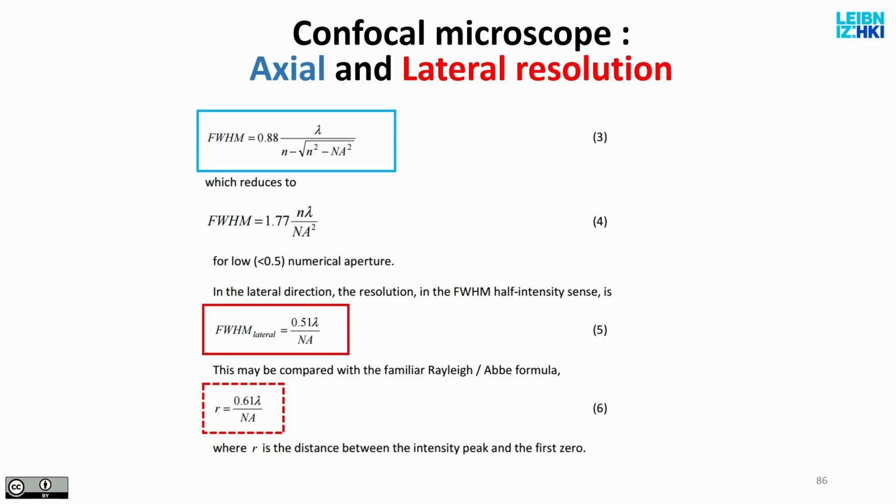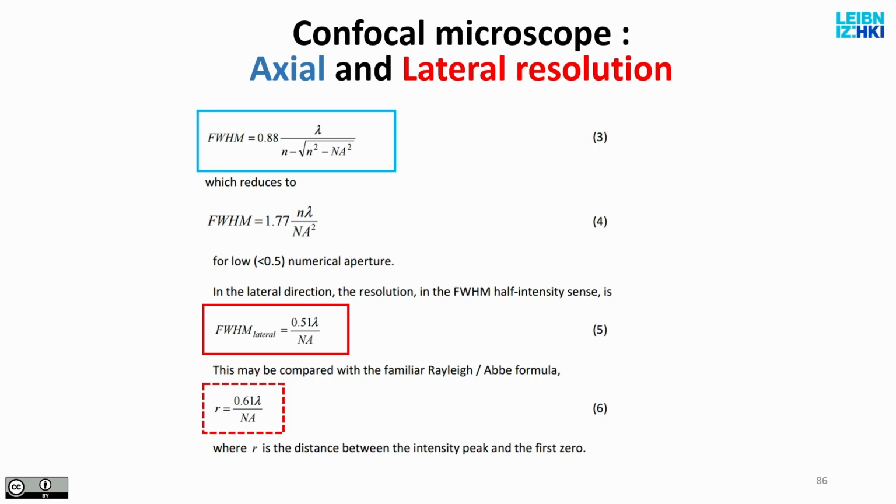This is the real one. For a confocal microscope, if you compare it with the formula I showed you earlier, assuming that the two lenses are the same, it was 1.22 times lambda divided by NA objective plus NA condenser. If the two lenses are the same, which is the case for fluorescence, this is the formula.